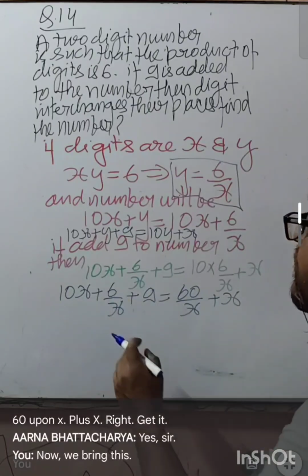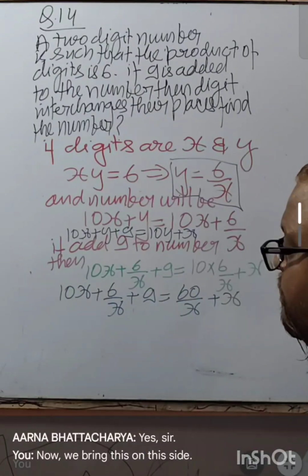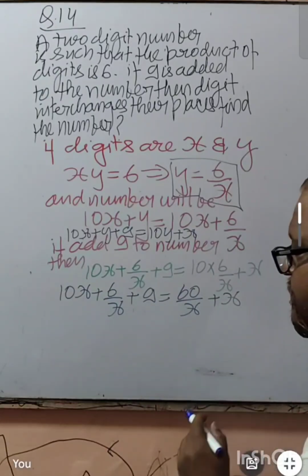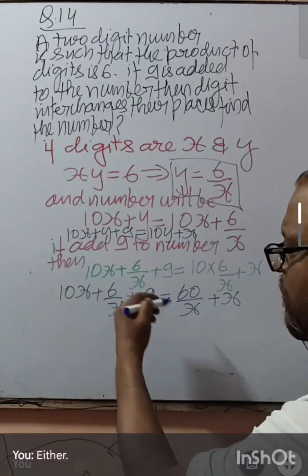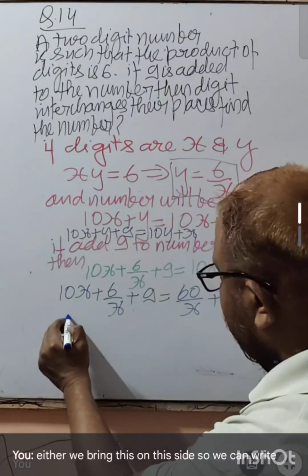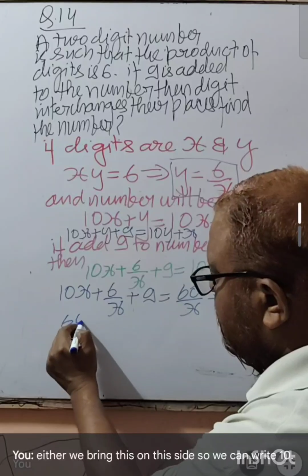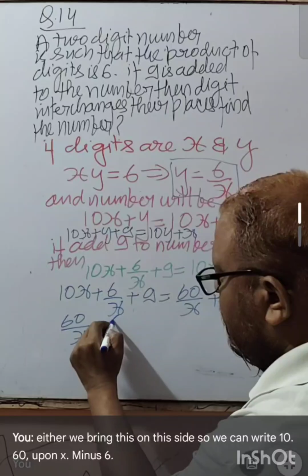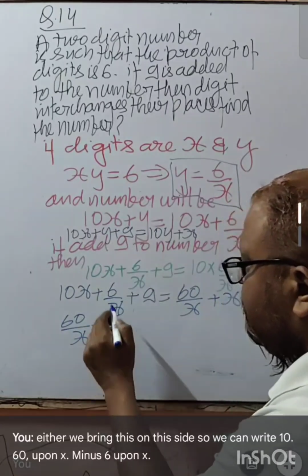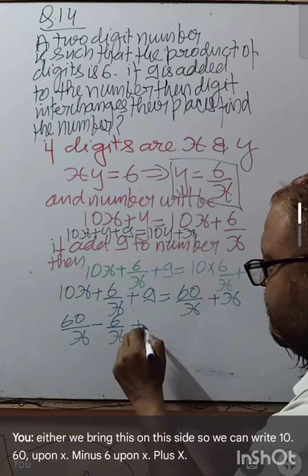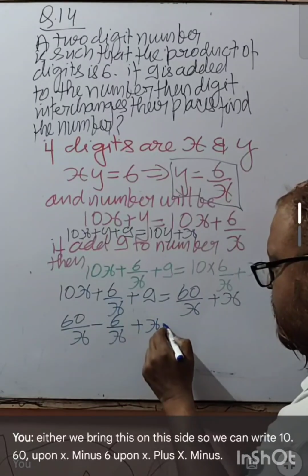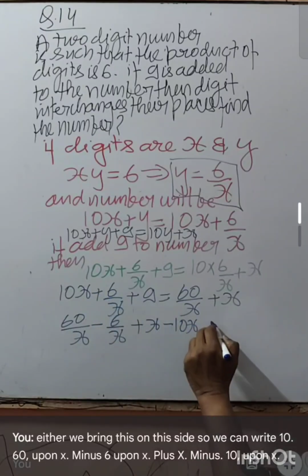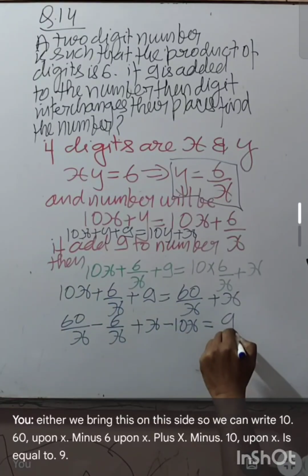Now we bring this on this side, so we can write 60 upon x minus 6 upon x plus x minus 10x is equal to 9.